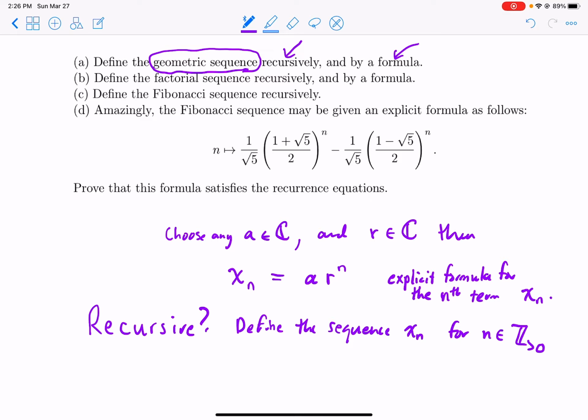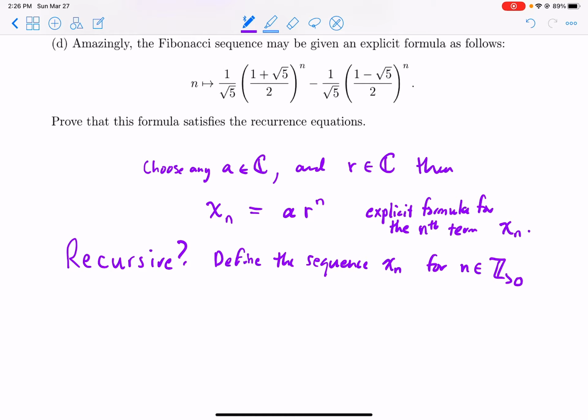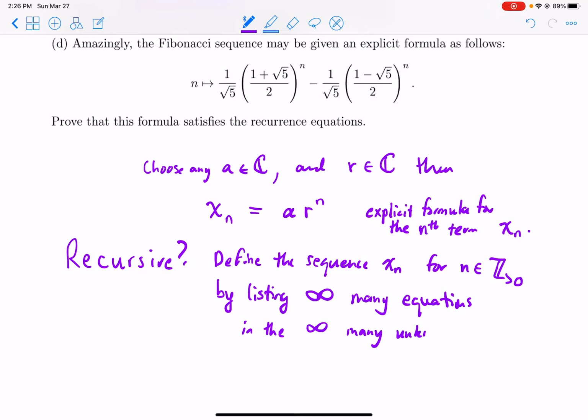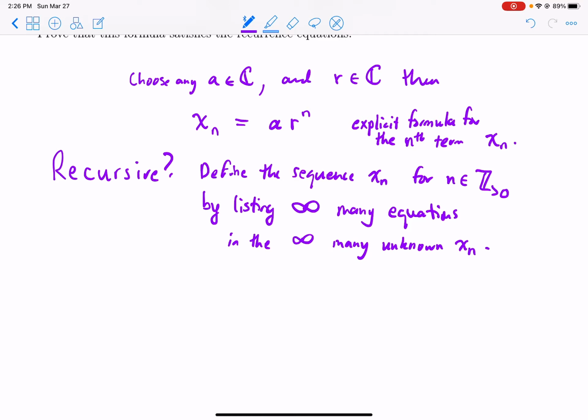Anyway, whatever. So you're defining this sequence by listing infinitely many equations in the infinitely many unknowns x sub n. Okay, so it's best explained by an example.